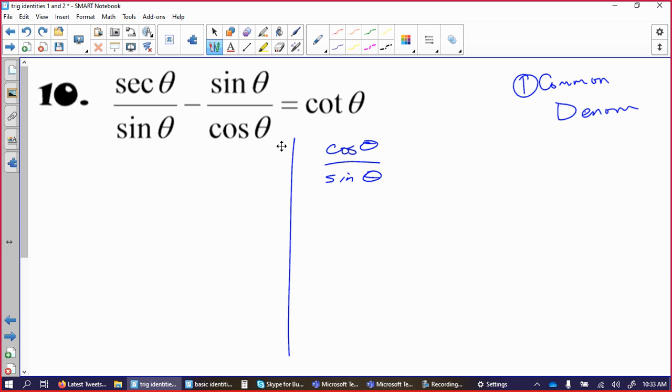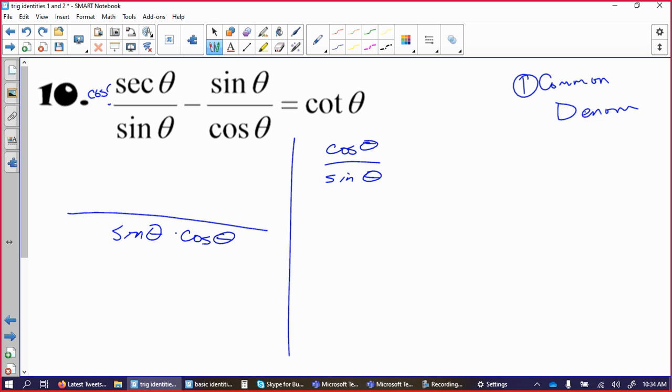The common denominator between sine and cosine is the product of sine and cosine. So the denominator I want for now is sine of theta times cos of theta. In grade 9 and 10, you do some fractions, and normally, when you're doing numeric fractions, you want the lowest common denominator. Fundamentally, you can use any common denominator, such as the product of the two denominators.